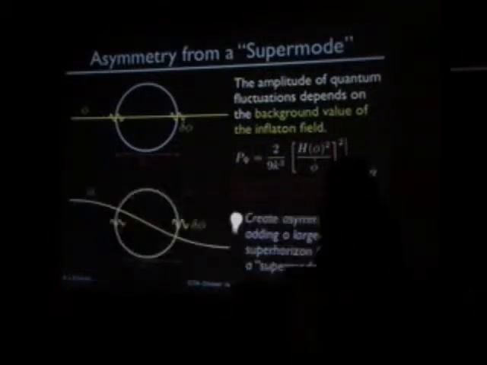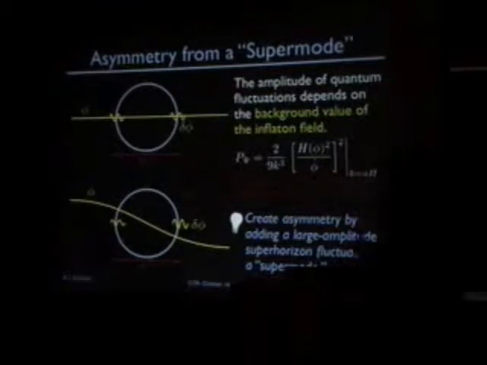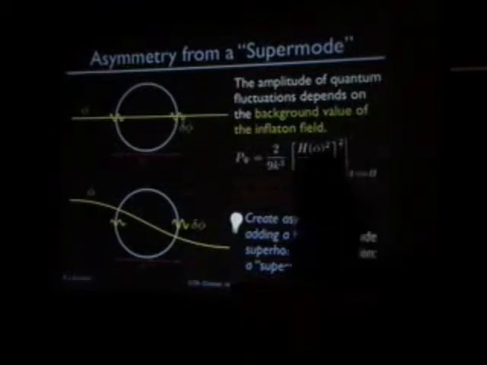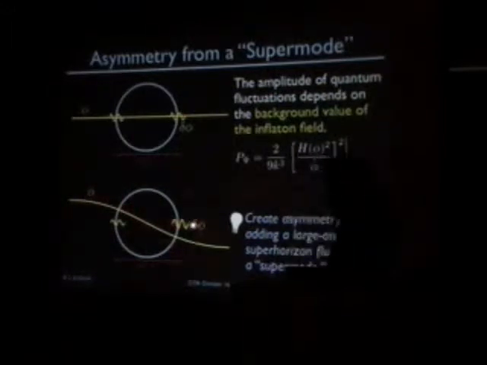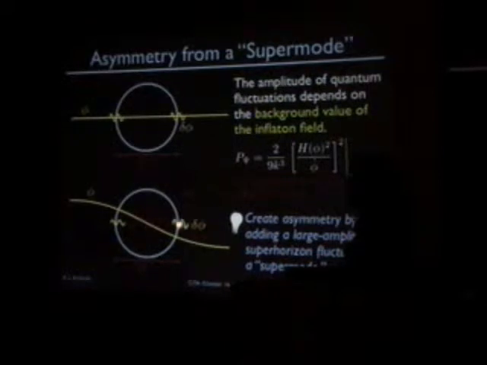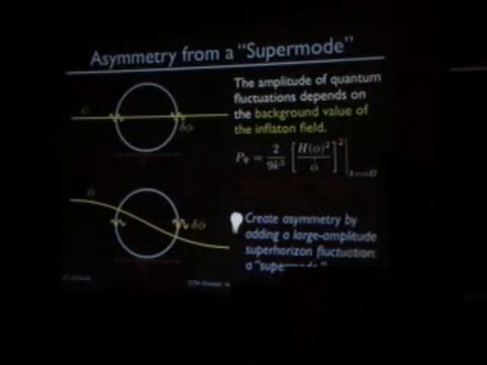The power spectrum here is dependent on the background value itself. So our idea was to put in a large superhorizon fluctuation that effectively changes the mean value of the inflaton field on one side of our sky as opposed to the other, and that will in turn change the amplitude of the fluctuations. So we call this large amplitude superhorizon fluctuation the supermode as a nickname.